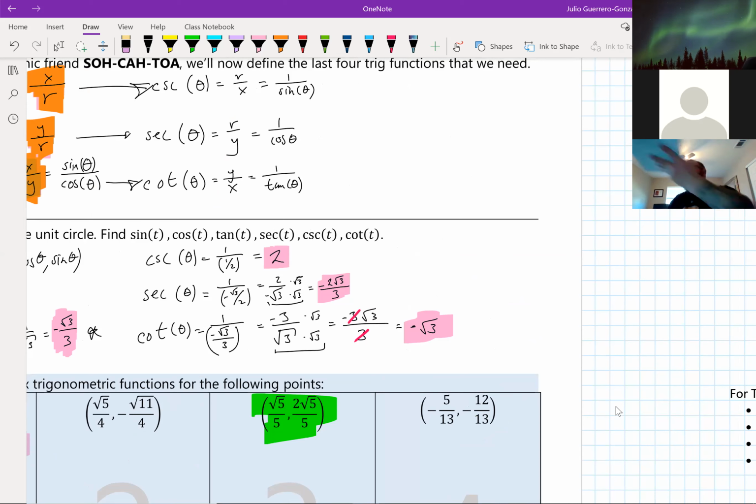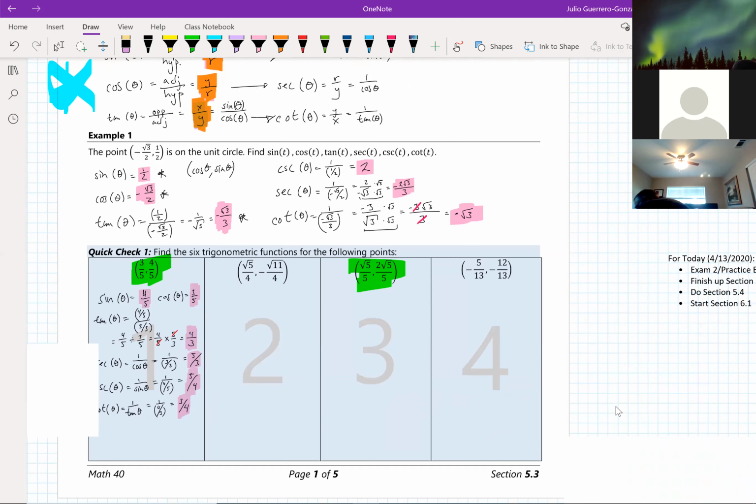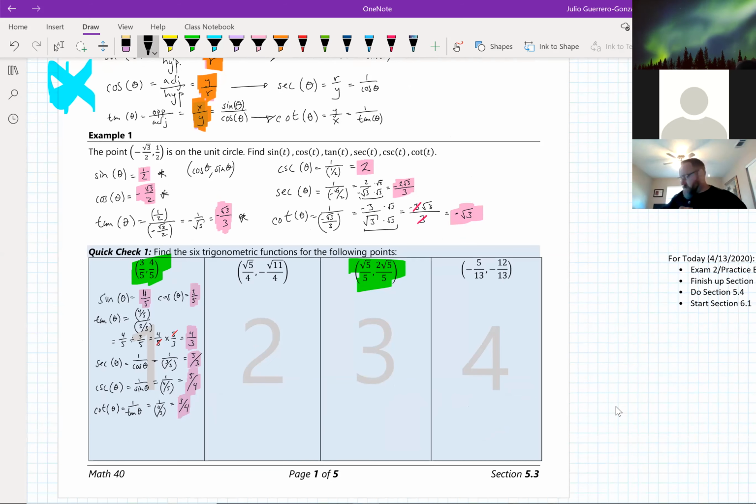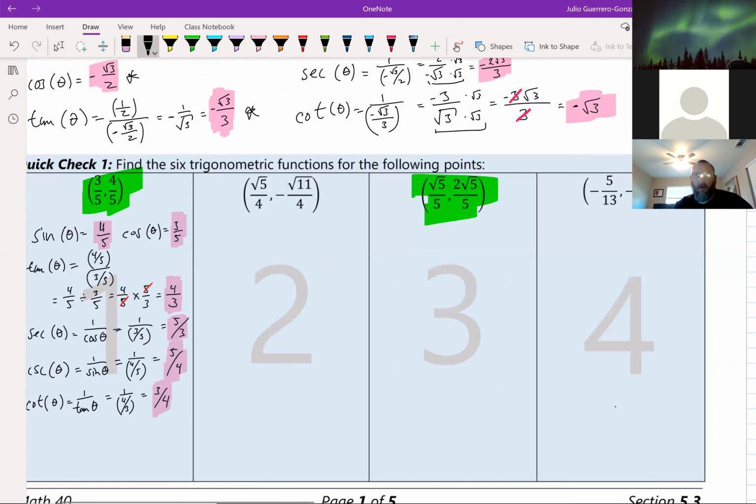So I gave you guys some practice problems here to do. I think we got through just one of the practices. We never got through the other one. So let's finish the other ones off really quick. Let me do number 3. So automatically, sine of the angle theta is 2 root 5 over 5.